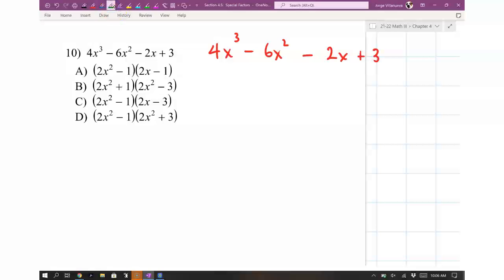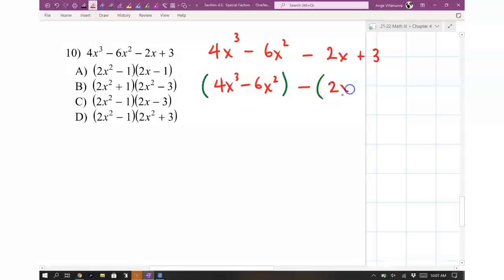All right, let me write it out for you. This is the way I would do it. Parenthesis 4x cubed minus 6x squared, end parenthesis, minus, and now I notice there's a minus in the middle. That means I got to change the sign, so it's going to be 2x minus 3.